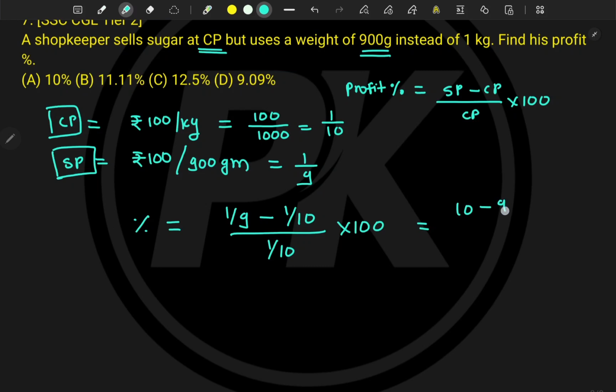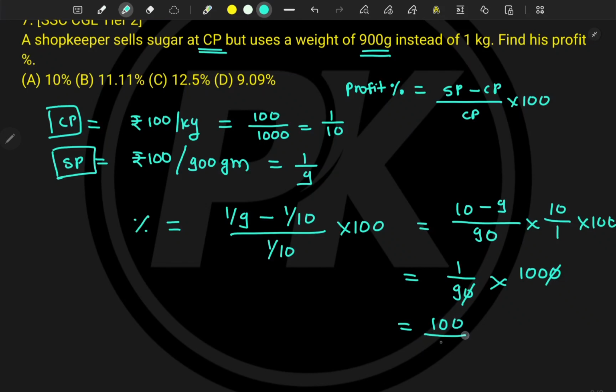That becomes (10 minus 9) divided by 9 into 10, which is 90. Now this 1 by 10 will become 10 by 1, and the into 100 stays as it is. So this is 1 by 90 into 10 into 100, so that is 1000. Here the 0 got cancelled, that means 100 divided by 9, and that is equal to 11.11 percent.